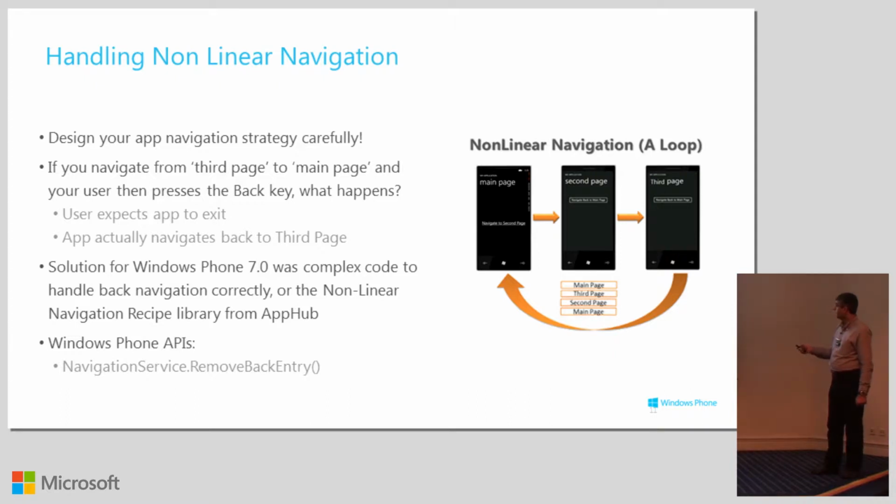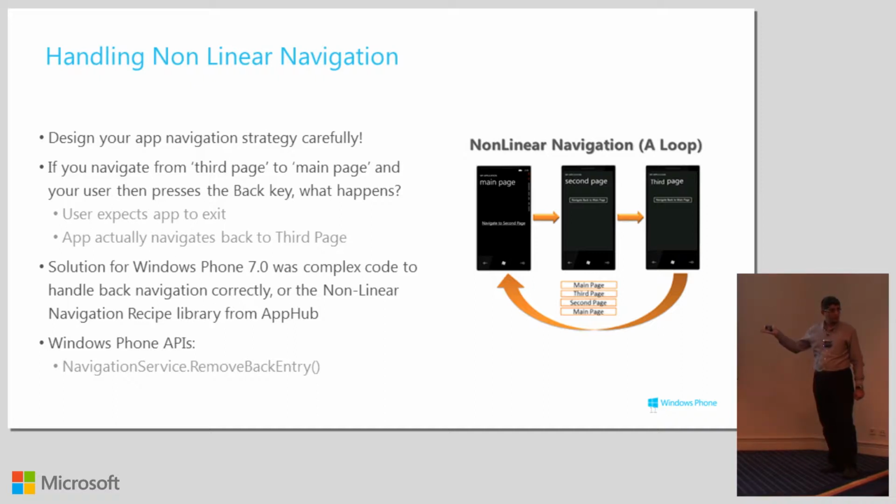So in this case, we went from the main page to the second page, from the second page to the third page, and from the third page directly to the main page. Now if I click the back key on this page, what is the experience? The expected behavior would be to close the application. But in the navigation history, what is the back page?